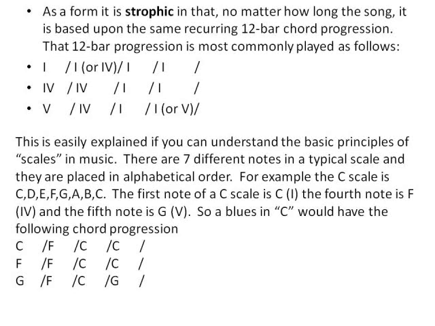C is the first note in the key of C. Wherever you see a 1 in this little graph of 12 measures, that chord is C. Wherever you see a Roman numeral 4, that would be the 4th note of C: C, D, E, F. And G is the 5th note of C. So anytime you see a Roman numeral 5, you should have a G.